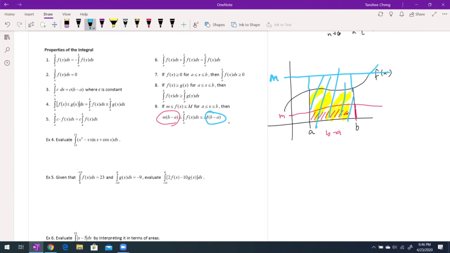That's what this inequality portion is talking about. Why am I talking about this? These will be used when we prove some theorems later on. But for now, what we are interested in is more of the first few properties.